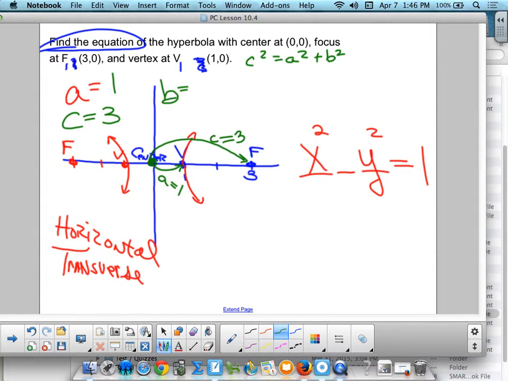C squared, 1. But what do I want here? I did that wrong, didn't I? C squared should be what? 9. A squared is 1. B squared I don't know. There. B squared is 8. If I kept going, B would be this.